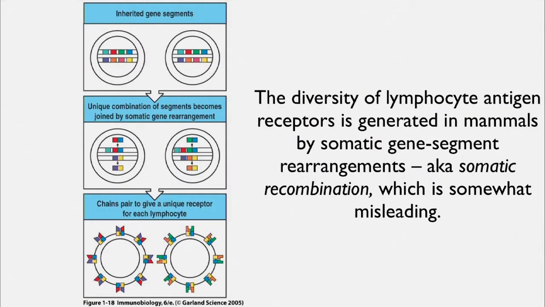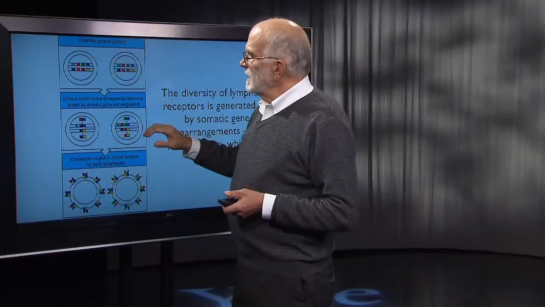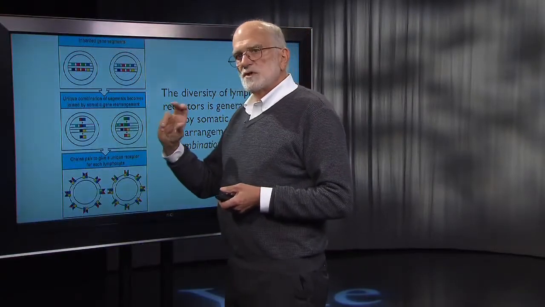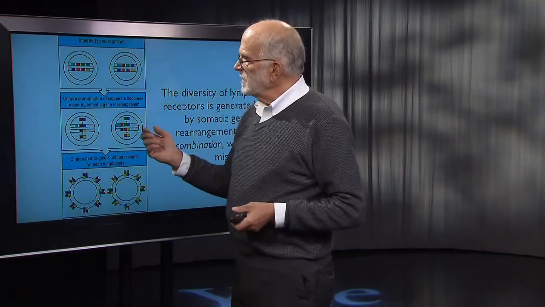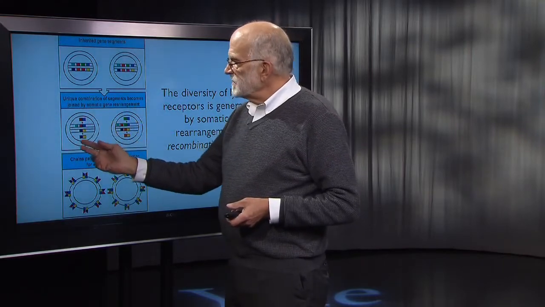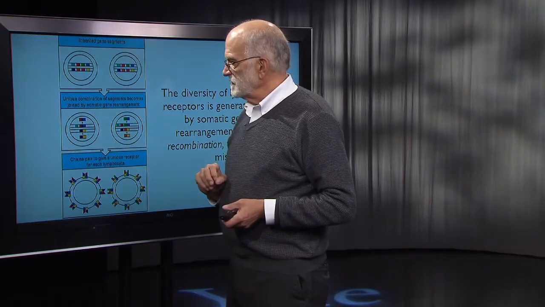Now, the diversity that allows this whole system to run is generated in mammals by somatic gene segment rearrangements. That's called somatic recombination. It's a bit misleading. So you are to imagine that we've got lots of immunoglobulin genes, and they come in many different flavors, and in each particular cell, there is a process whereby only a particular combination becomes joined.